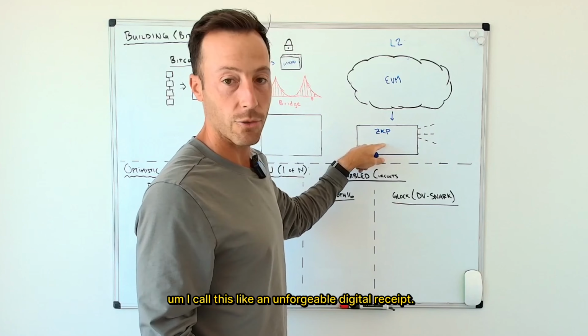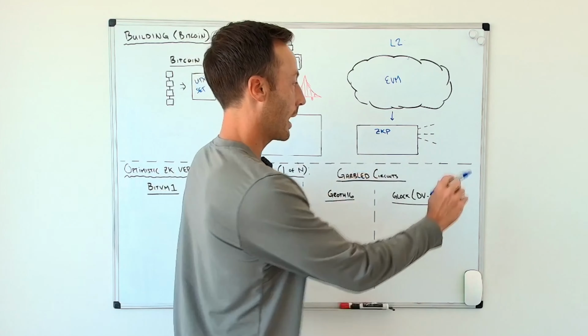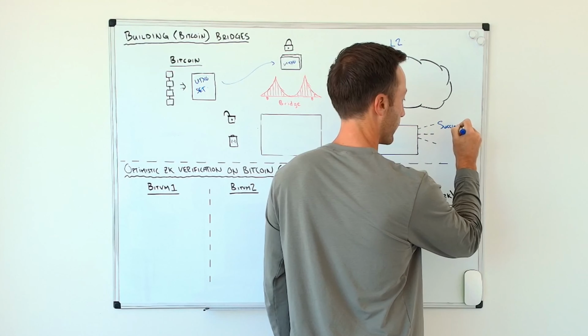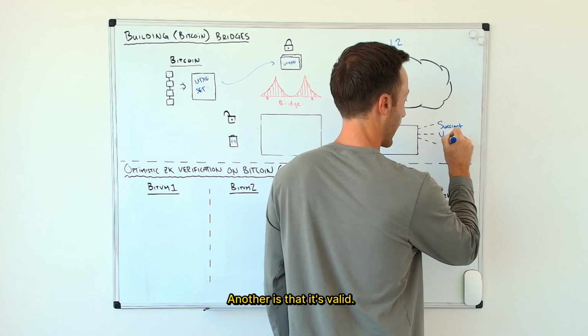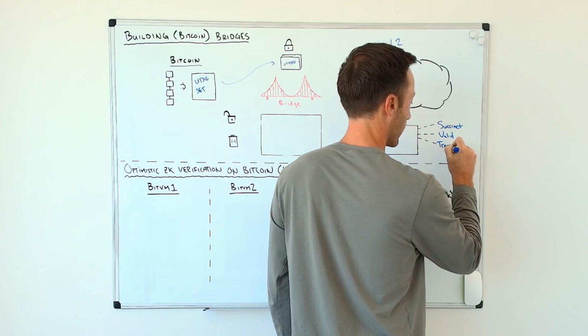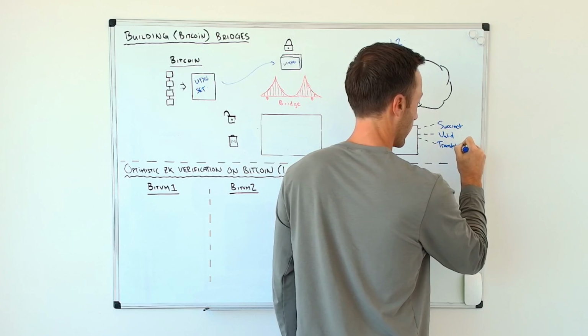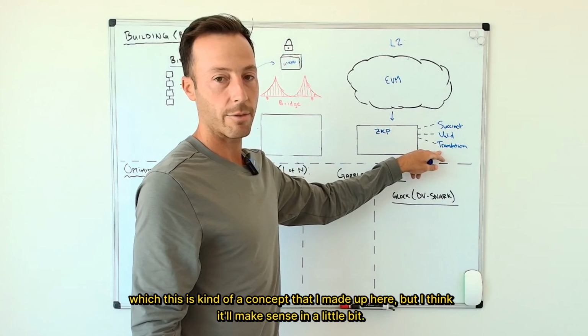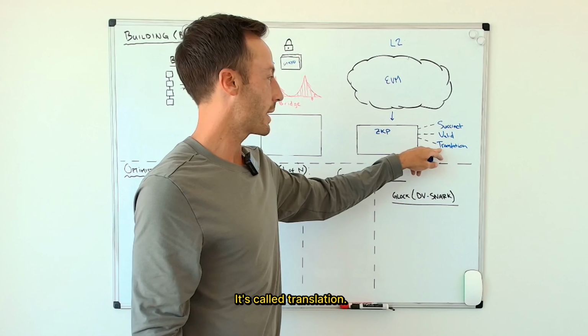I call this an unforgeable digital receipt. And the properties that it has are, one, it's succinct. Another is that it's valid. And the last one, which is a concept that I made up here, but I think it'll make sense in a little bit, is called translation.